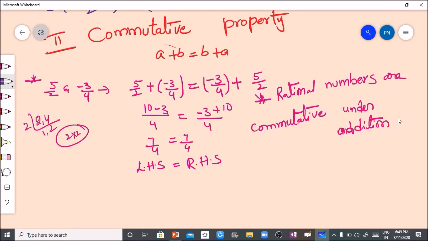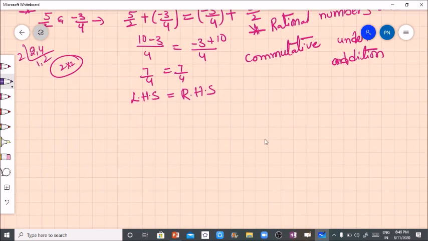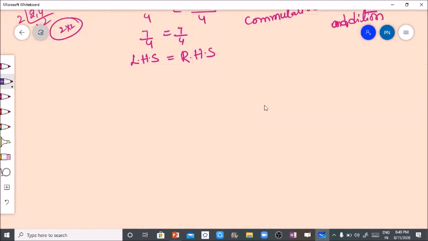Next, subtraction. I am going to take subtraction. Here I am taking two numbers, 1 by 2 and 5 by 7.